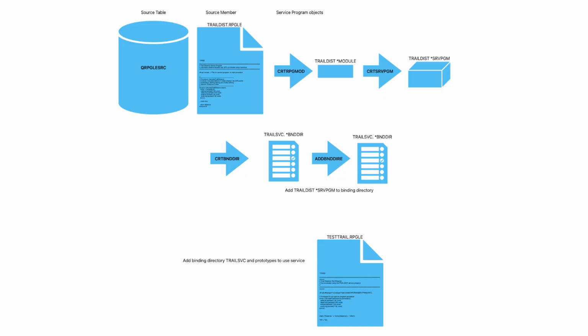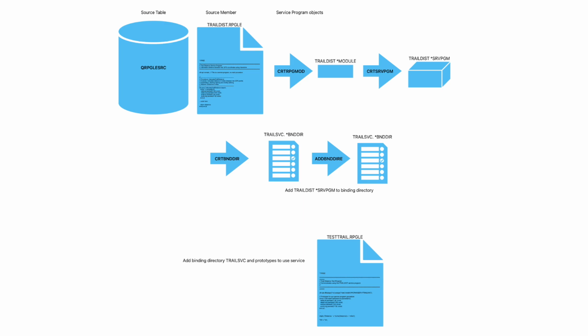So just to review one more time, we took the source table, RPGLE source, and we created a source member, the name of our service program, test trail dist, and we used the command CRTRPGMOD to create the module object, and then we used the create service program command to take that module and create the service program object.